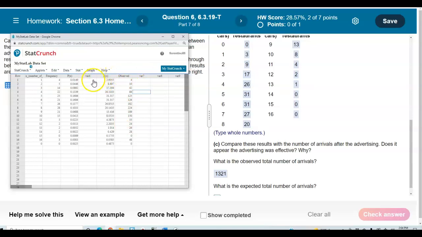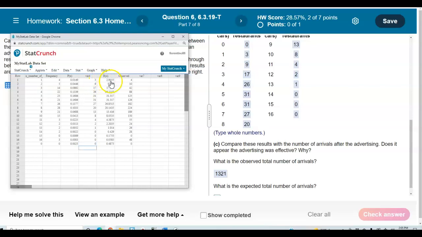This R of X, we rounded to 3 in our problem. So over here, we can see that we had 3, and then this was 9, this was 17, and then 26, 31, 31, 27, 20, and then 13, 8, 4, 2, 1, 0, 0, 0, and 0 was also 0.